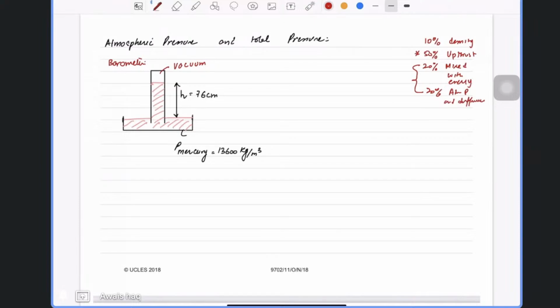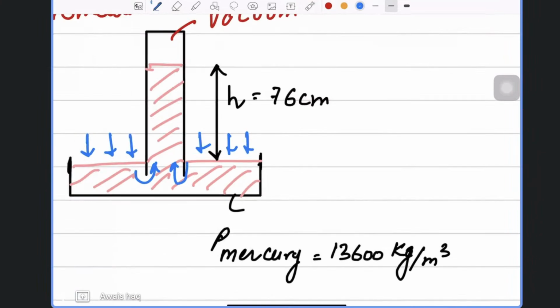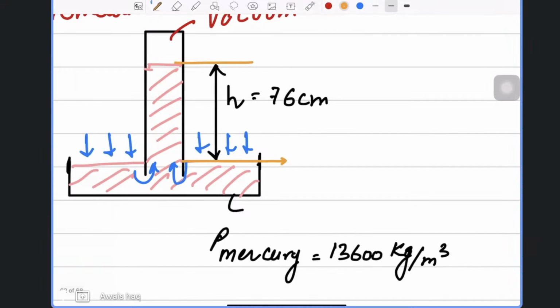So what I'm basically saying is that here's the vacuum, and then obviously the pressure from the atmosphere is going to push this liquid, the mercury, up, and then it will have a column height. The column height, if you can see, is always taken from the top of the liquid here to the top of the liquid here. So that's the column height.